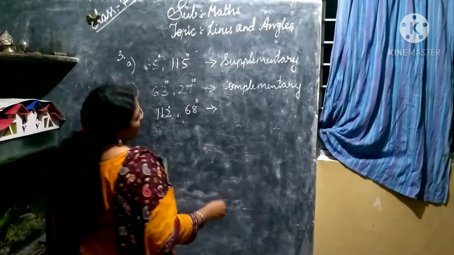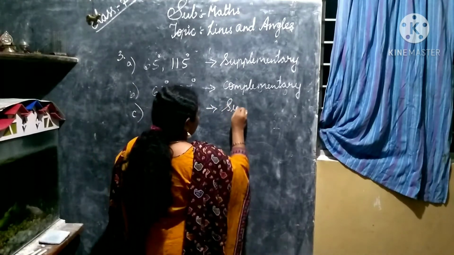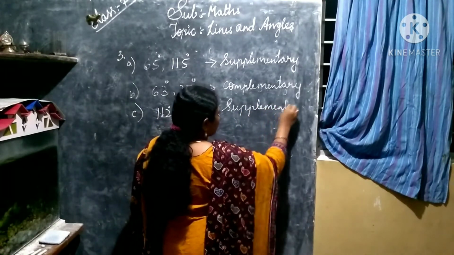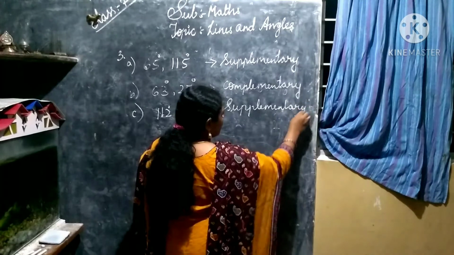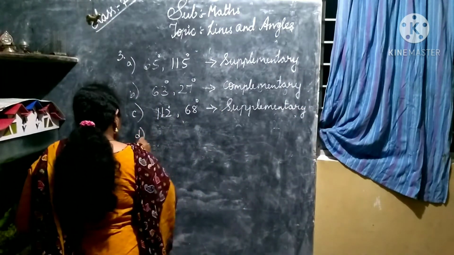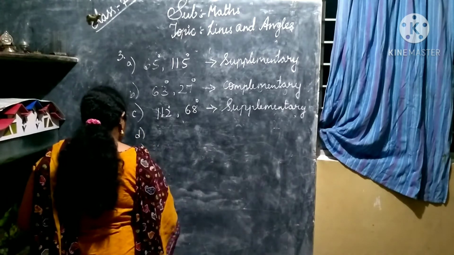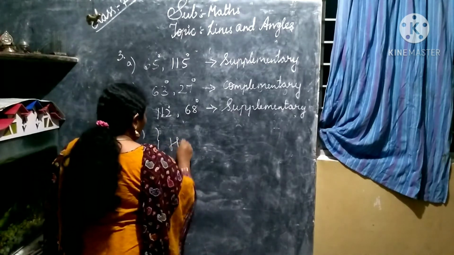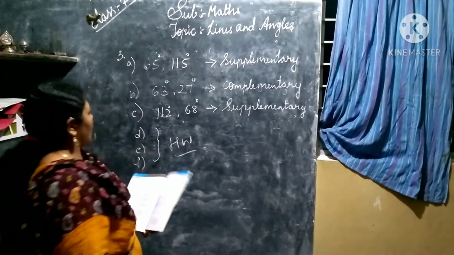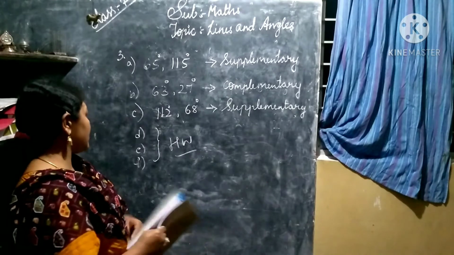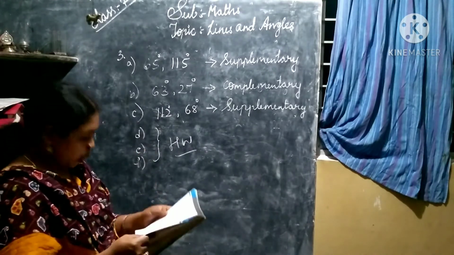Therefore, it is a supplementary angle. Okay, now D, E and F, these three I would give as homework. So these three sums you will do as your homework.